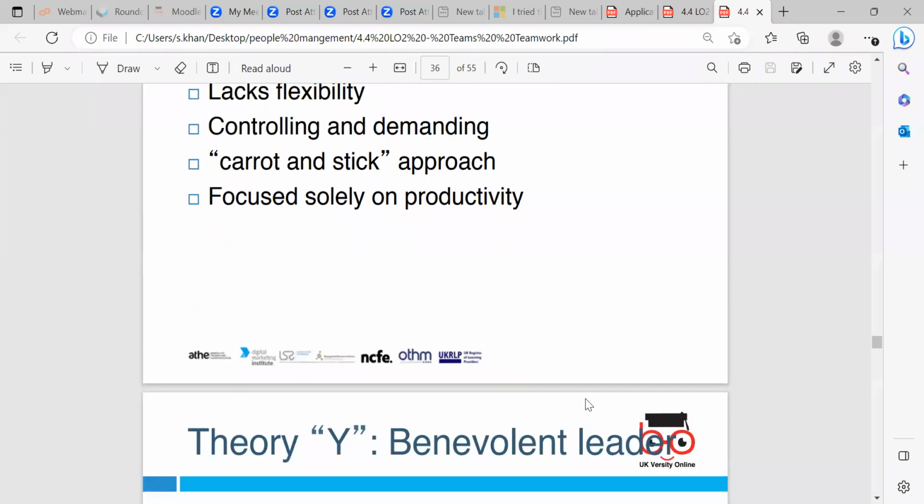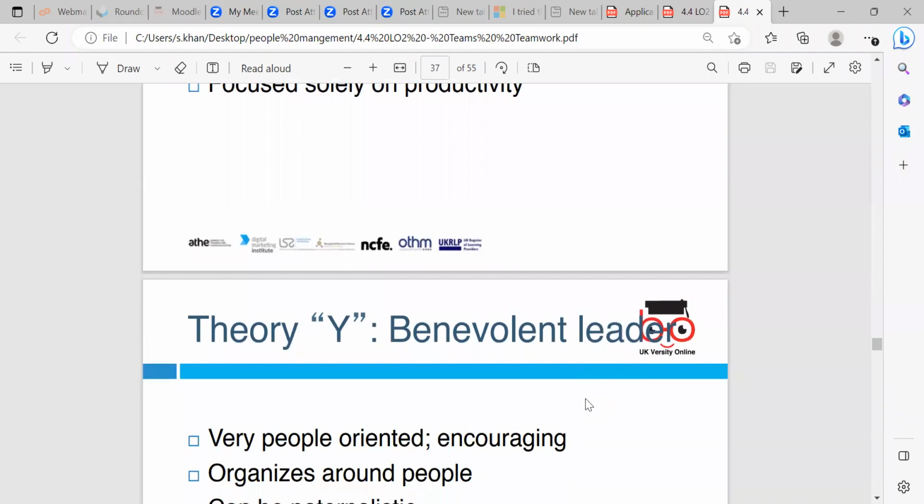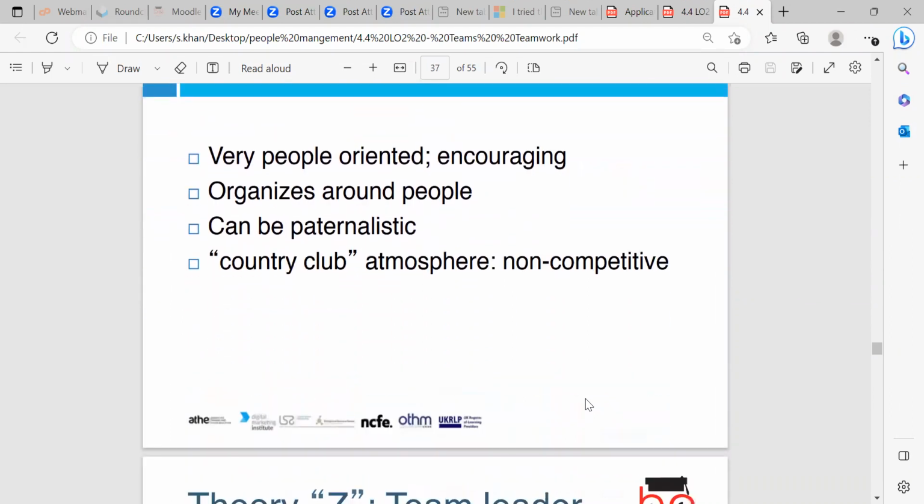Then we've got the next one, which is the benevolent leader, theory Y. This is a very people-oriented kind of leadership, encouraging its team, organizes around people, can be paternalistic, and has a country club atmosphere, so it's not competitive.